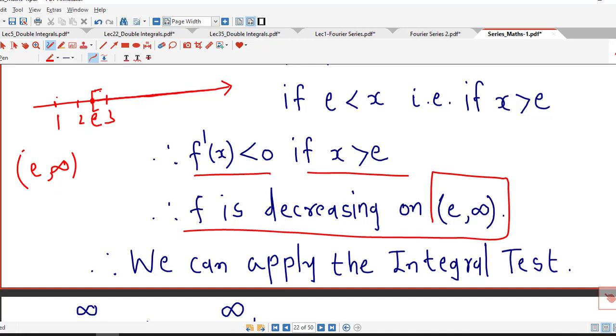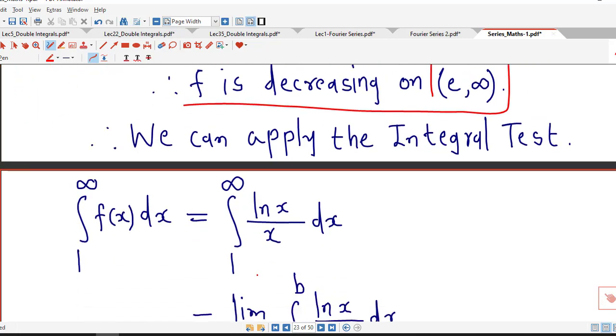So if we consider this interval from e to infinity, then the function is decreasing on that interval, so we can apply the integral test. Now to check the convergence of the series, we check the convergence of this improper integral from 1 to infinity f(x) dx. So here log x by x dx.